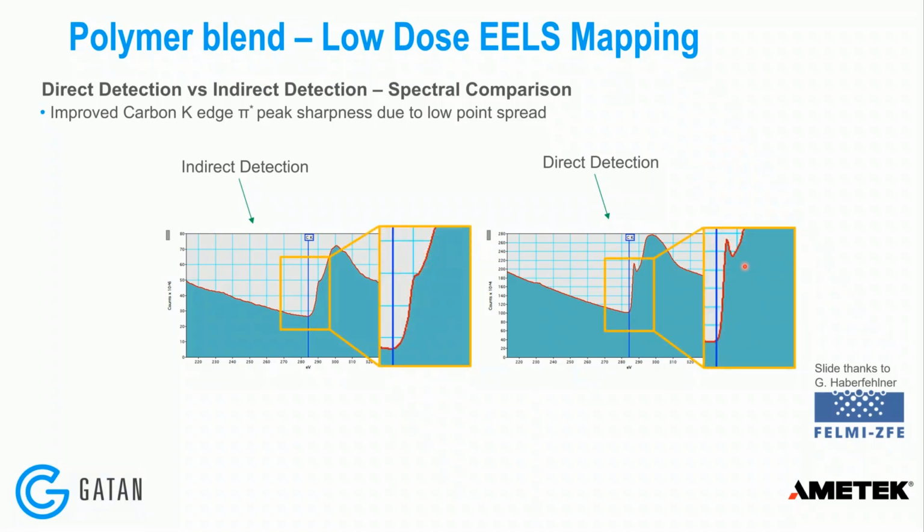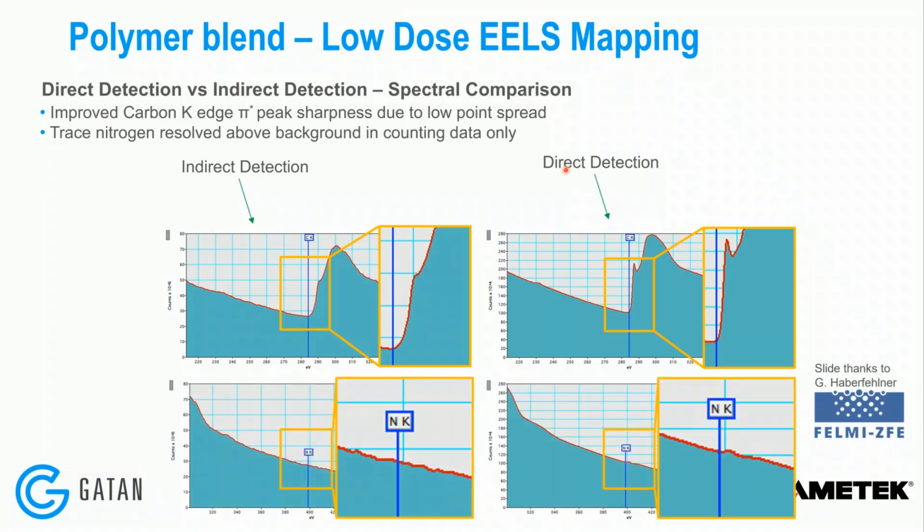Yeah, so you've increased sharpness of the pi star peak. But what's more important for our result here is that we're able to pull out this trace nitrogen. So we have this tiny little nitrogen peak, but because our counting background is super smooth, we have this really high quality spectrum, we're able to see that above background. Whereas again, as in the previous example, you can't do the same thing with the indirect detector.